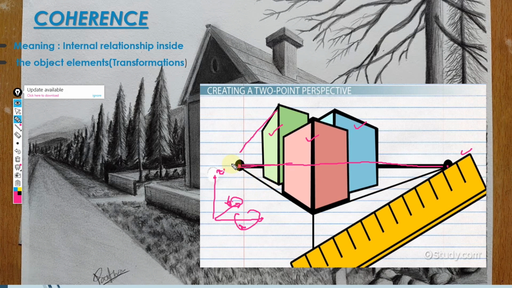Suppose this is the x-axis, this is the y-axis, and this is the z-axis. All those points must go and merge in with these 2 points I have defined on this sheet. This is the kind of relationship or constraint I'm going to follow to make a 2 point perspective sketch.